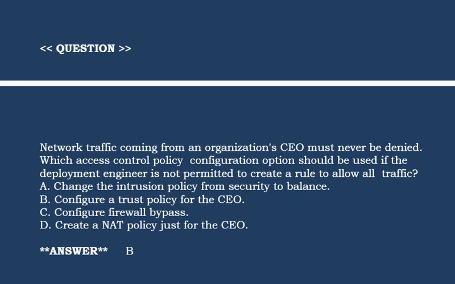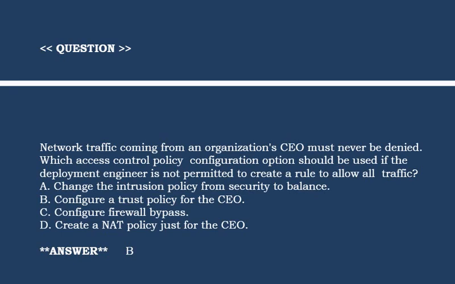Next question is: network traffic coming from an organization's CEO must never be denied. Which access control policy configuration option should be used if the deployment engineer is not permitted to create a rule to allow all traffic?